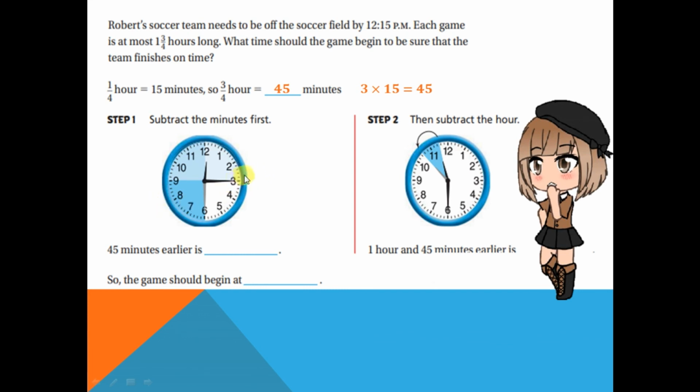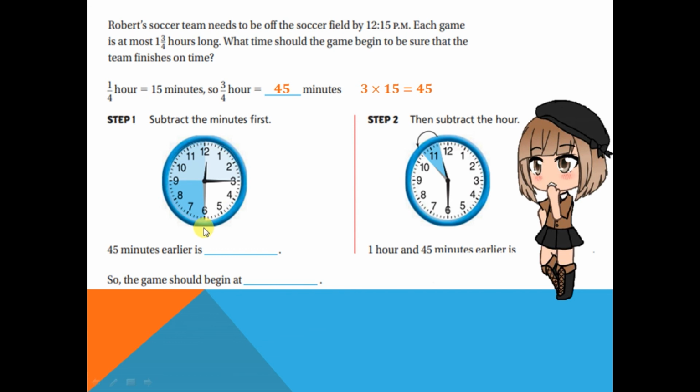Keep counting by 5 until 45 minutes. 5, 10, 15, 20, 25, 30, 35, 40, 45, and here we are. We stop here. So if the minutes hand is standing here, this means 30, right? So it will be 12:30.